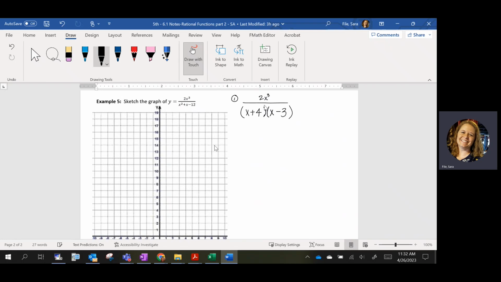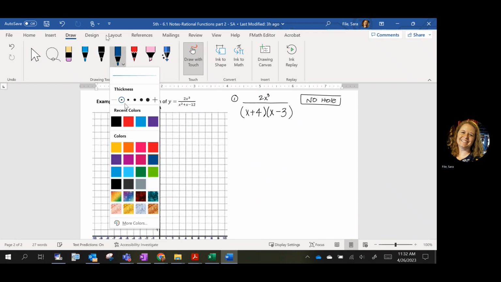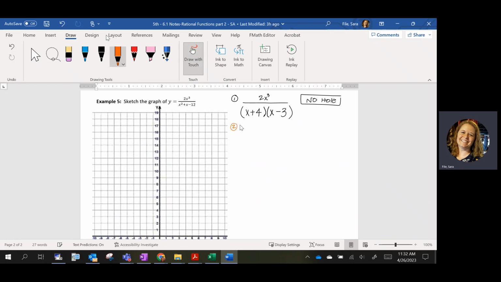Okay, so here's factored form. Does anything cancel in the numerator and denominator, or reduce, I should say? So what does that tell me? No holes. Okay, so then I move on to step 2, y-intercepts. By plugging in a 0 for all the x's, I can use the factored form or I can use the original form since nothing reduced.